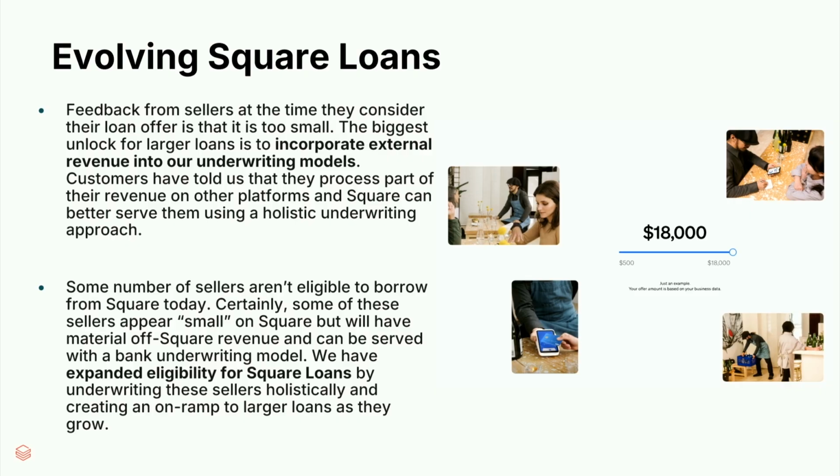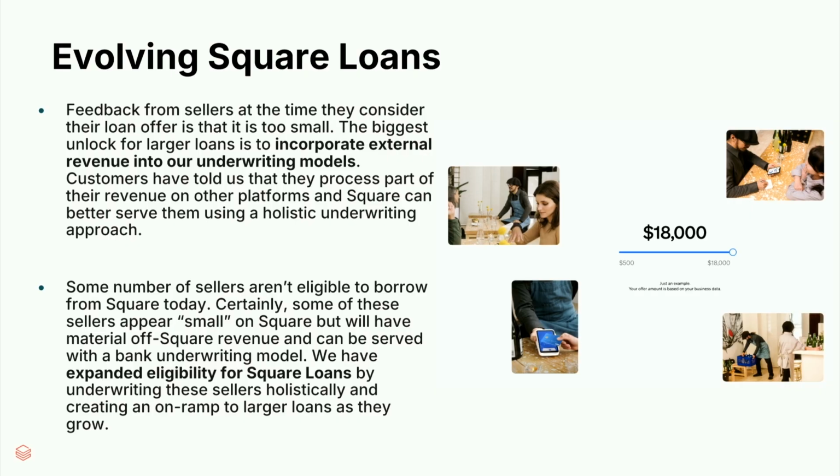It's not just the different commerce platforms that you're processing on, but rather the entirety of your business. So that's really the genesis of this problem, and we knew that we had to incorporate external revenue into our underwriting models. Jacob's going to talk a little bit more about how we're using Plaid to do that, as well as using Databricks. But essentially, it gives us a more holistic view into their entire business, what the seller cares about.